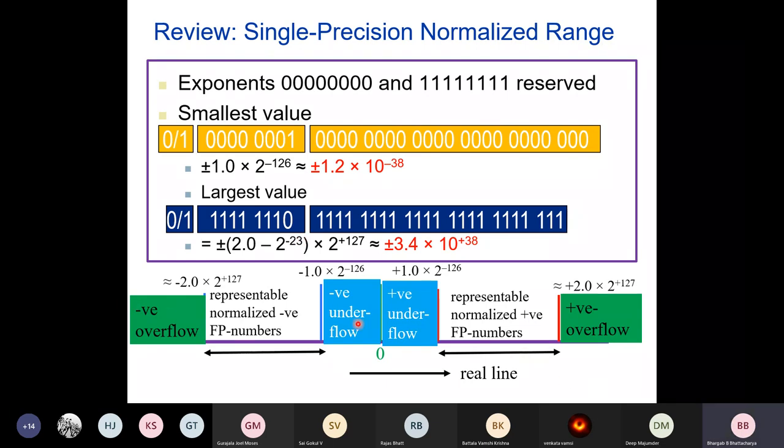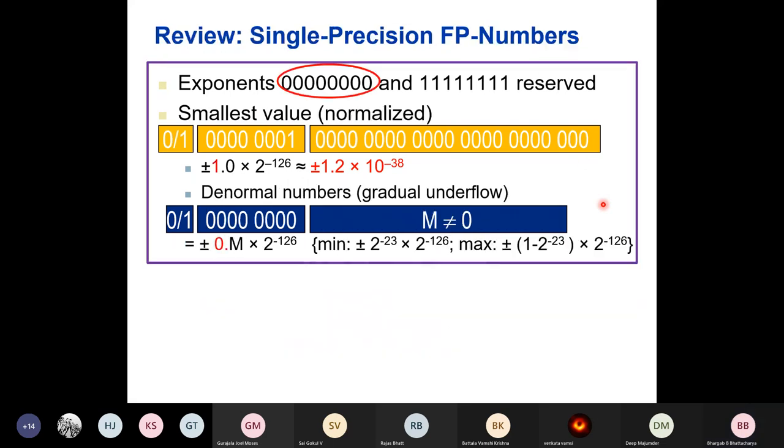Then we introduced what are called denormal numbers. We use this region as well to represent some numbers by choosing the smallest exponent value and choosing some non-zero value in the mantissa field. This is called gradual underflow, and these numbers are called denormal numbers.